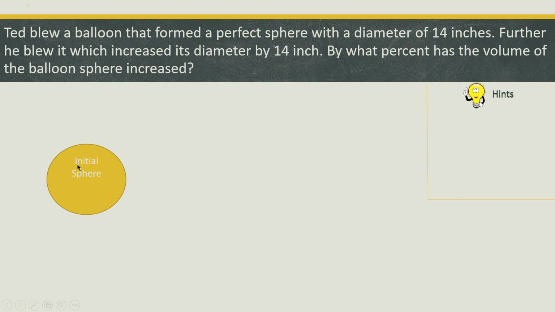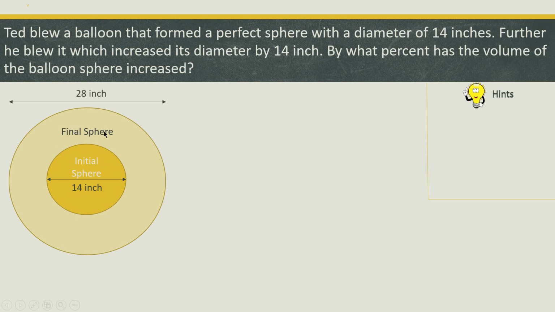Let this be the initial balloon size, that is a sphere of diameter 14 inches, and after Ted blew it further, let this be the final balloon sphere of diameter 28 inches.